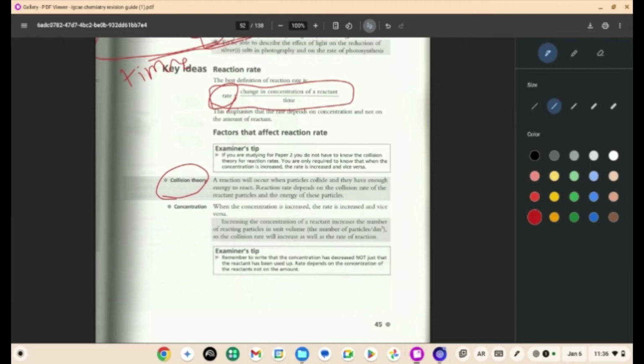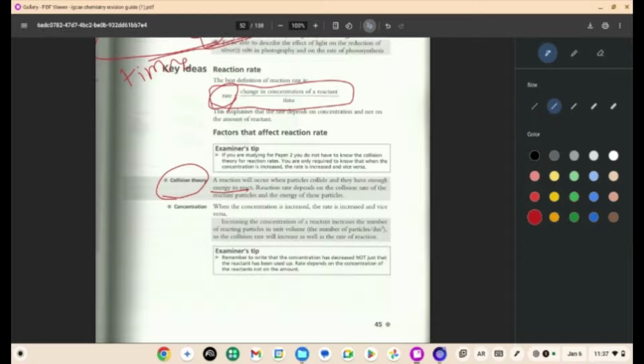What's the collision theory? It's when the particles collide with each other, and the particles must have enough energy to react with each other. In any chemical reaction, the particles will never react unless they have enough energy to react.